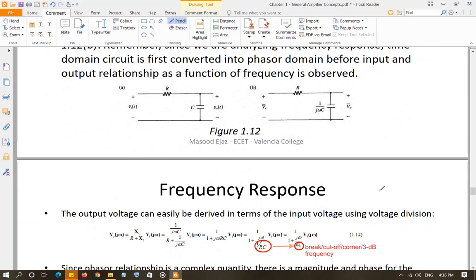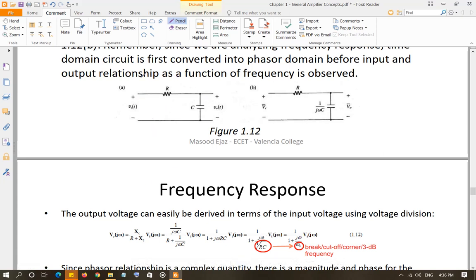When we are discussing the frequency response, the first thing we do is write the equation of the output in terms of the input in the complex frequency domain. That is, we assume all the components are in the complex frequency domain, capacitors and inductors are reactances, and everything is given as a complex number in either rectangular or polar form.